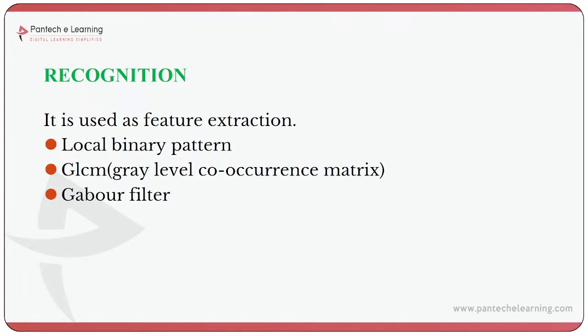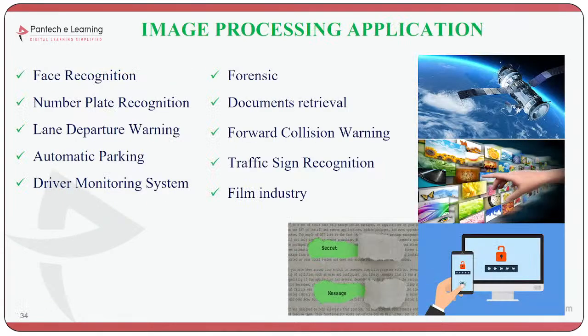So we have to classify that image by patterns, and according to those patterns we recognize its value. Here it is local binary pattern, gray level co-occurrence matrix, and Gabor filter. For that purpose we identify the image recognition.